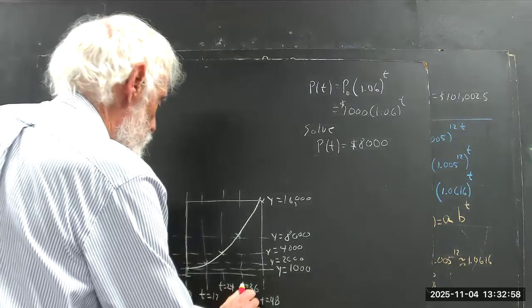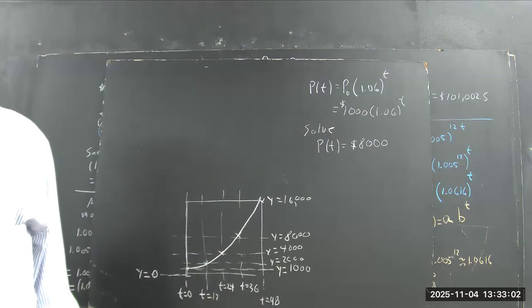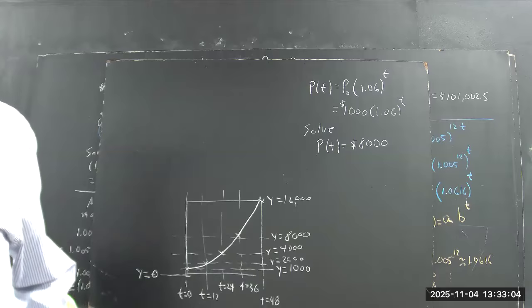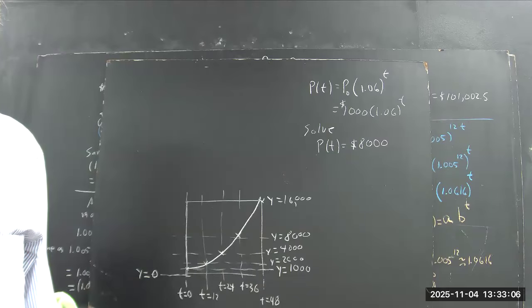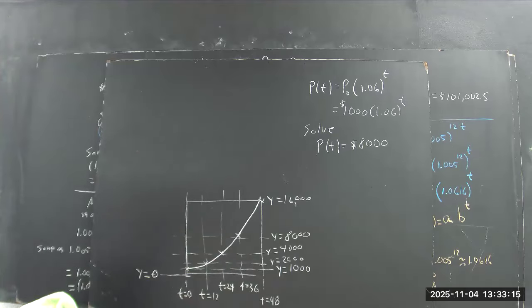Right there's a picture of how $1,000 would grow at approximately 6% annual interest. Well, that should be sort of a revelation.